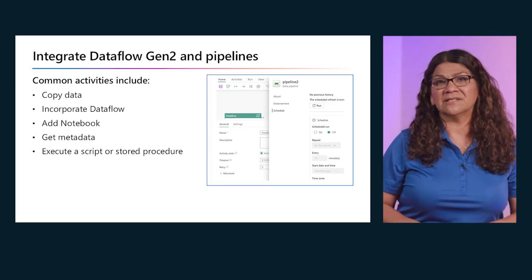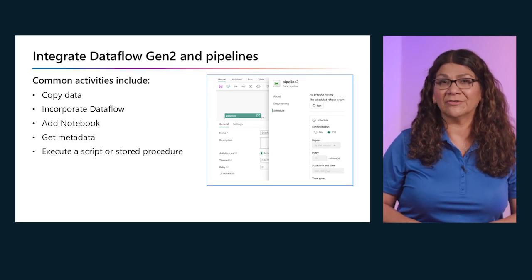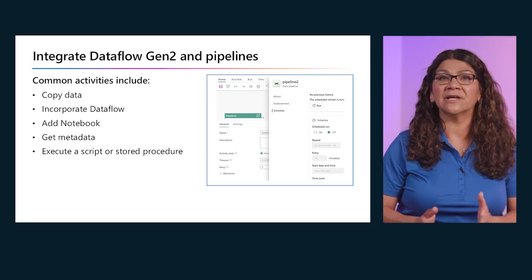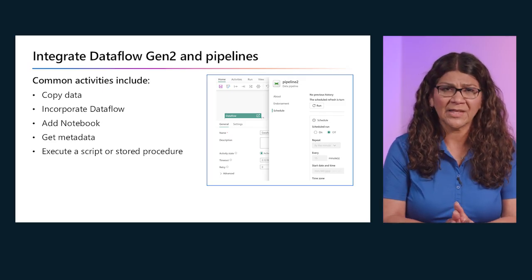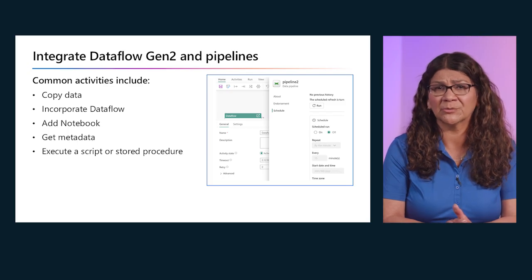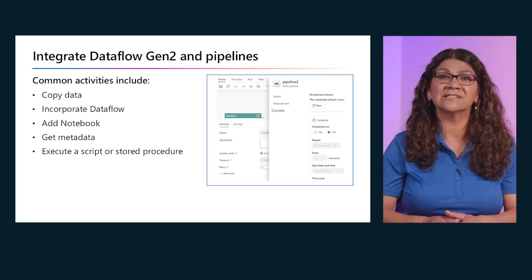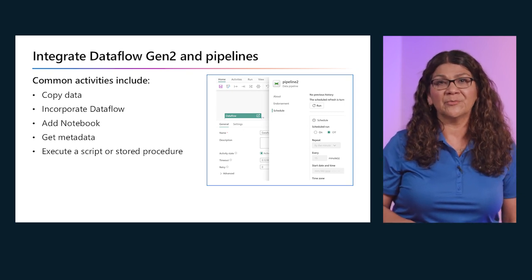Remember that you can use a data flow for data ingestion, transformation, and landing into a Fabric data store. Then incorporate that data flow into a pipeline to orchestrate extra activities, like executing scripts or stored procedures after the data flow has completed. Pipelines can be scheduled or activated by a trigger, or you can run a data flow manually.